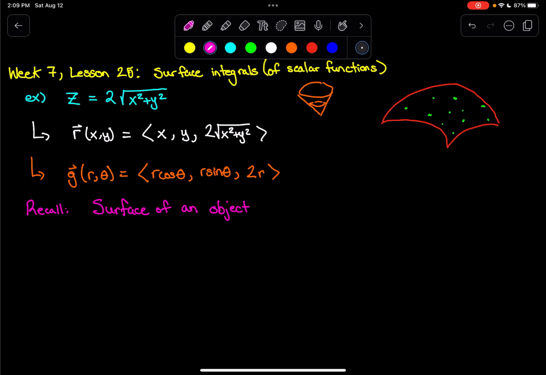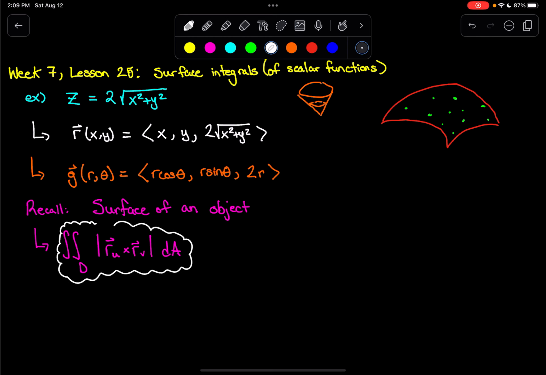We have seen this already, so I'm just going to write it down, and then I will very quickly re-explain where this comes from. So we have the magnitude of r sub u cross r sub v dA, and this right here is the surface area of an object.